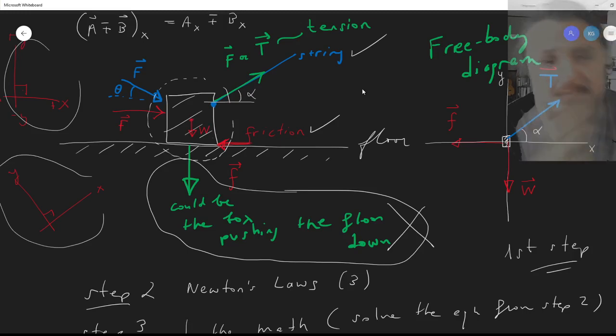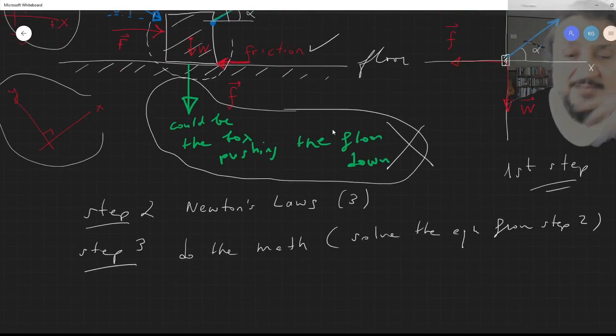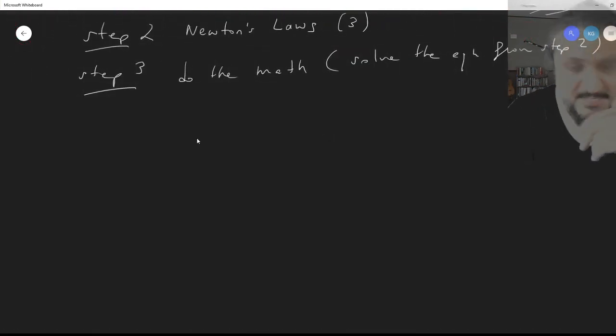This tension is not that mysterious. Just keep in mind that if you consider little portions of that string, each little portion carries that force, okay? So it's not just the part that is attached to the object, all right? So think of it like a chain, all right? Same principle.